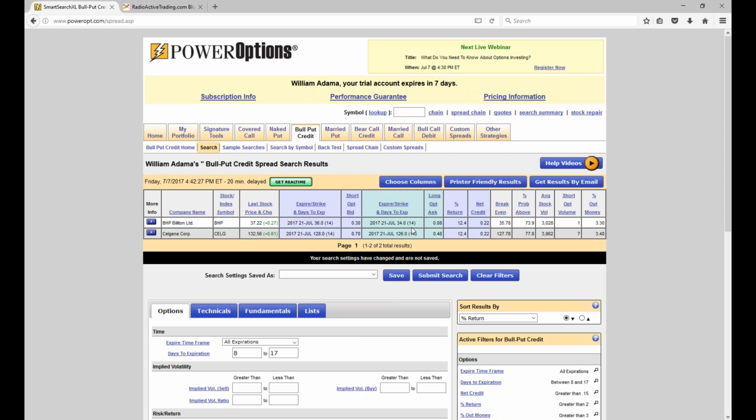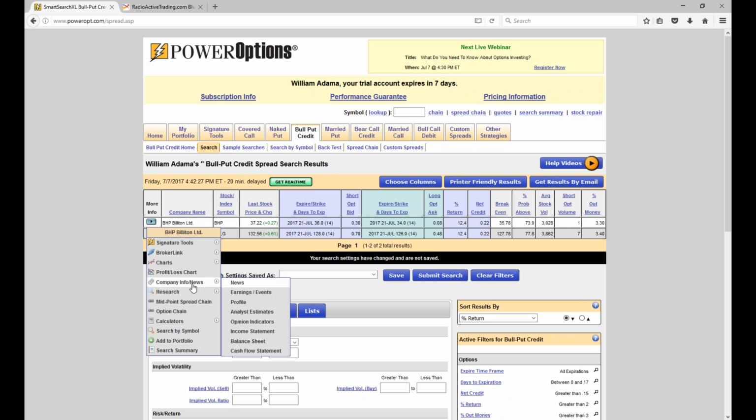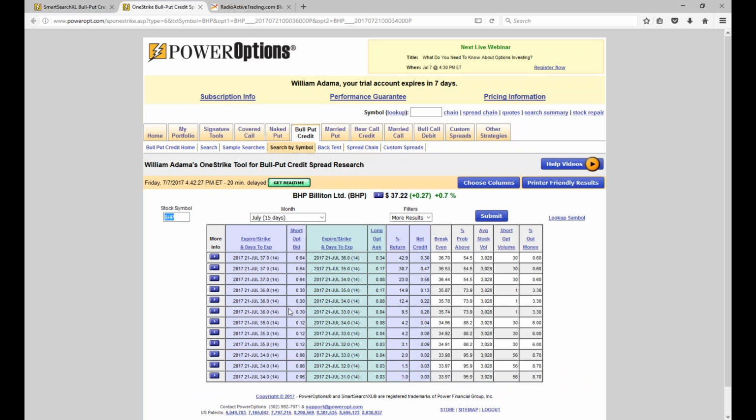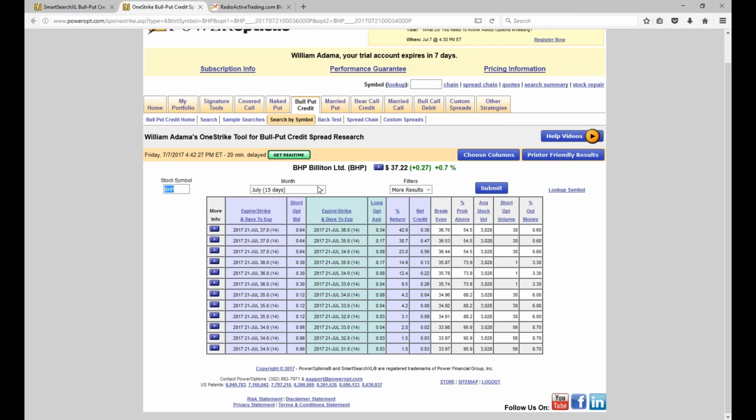So again, another example, BHP. Yeah, BHP, it's the exact same return, isn't it? A 22 cent net credit, 12.4% return with a 36-34 spread. Now let's go to search by symbol real quick. And that was the 36-34 spread. Okay, let's go here, all weeklies.